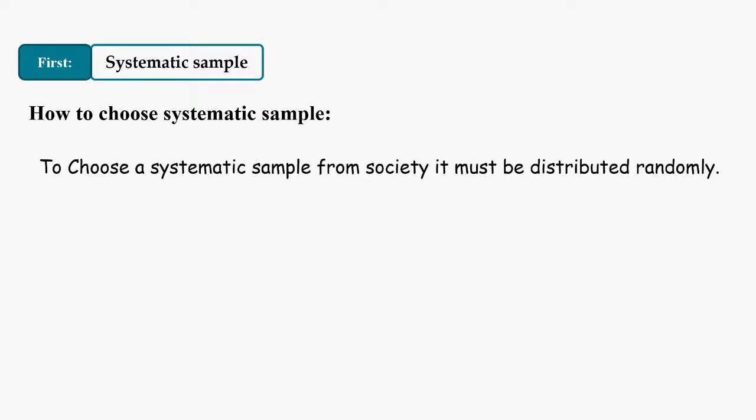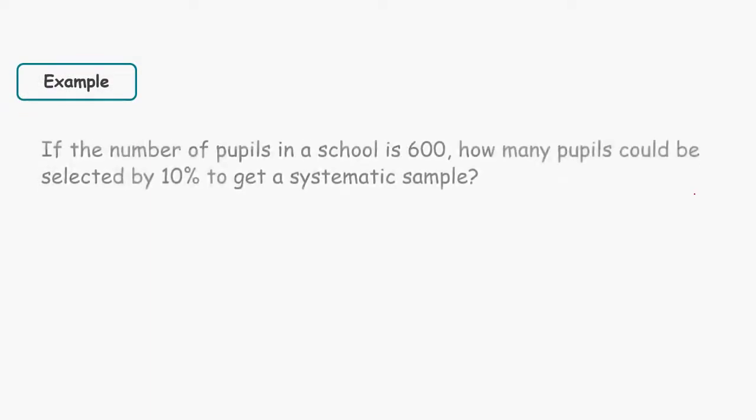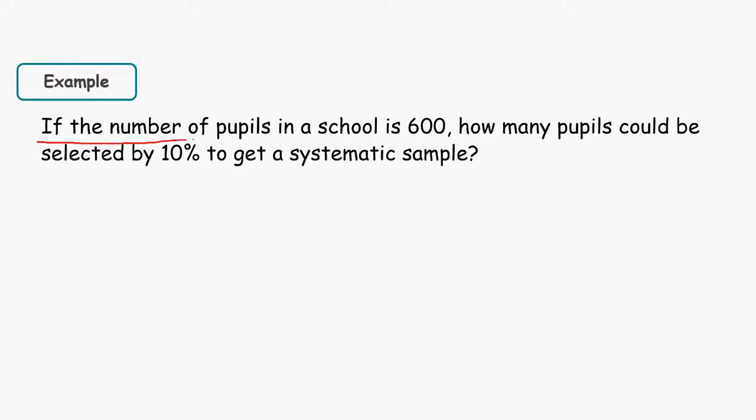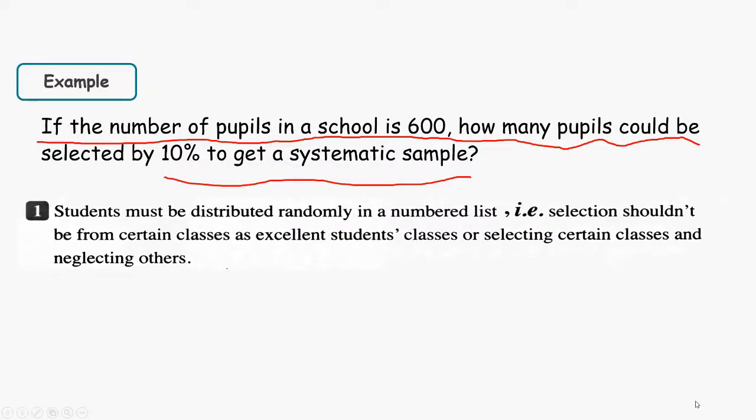To choose a systematic sample from a society, it must be distributed randomly. We have here an example. If the number of pupils in a school is 600, how many pupils could be selected by 10% to get a systematic sample? To solve the example like that, students must be distributed randomly in a numbered list.